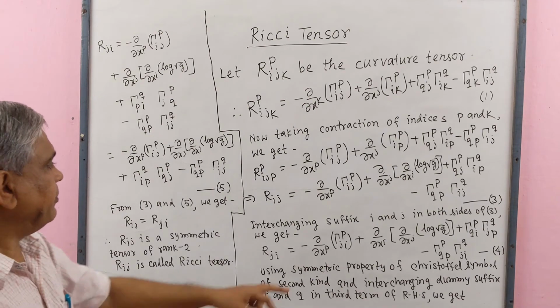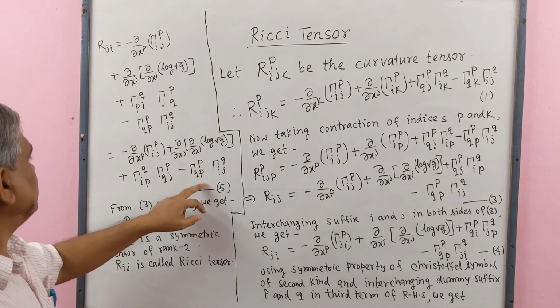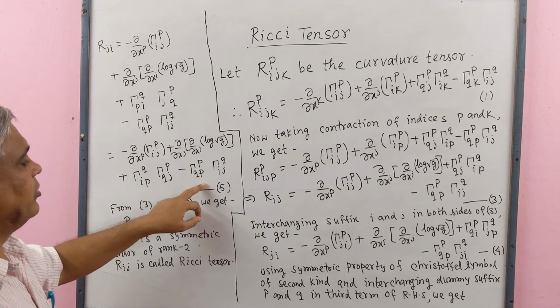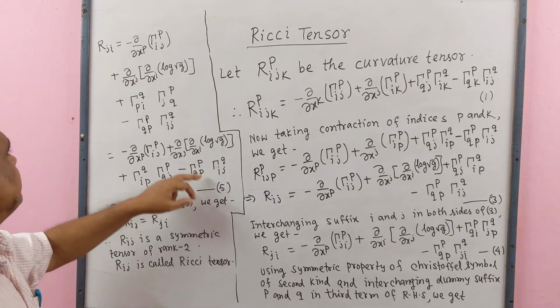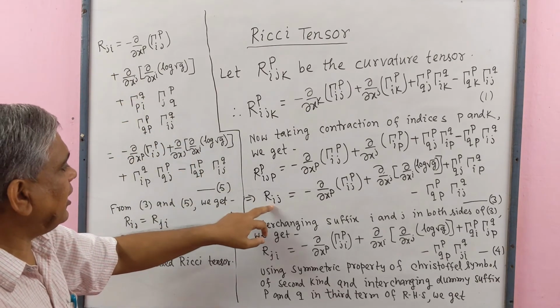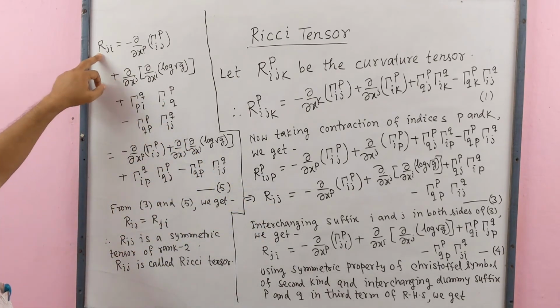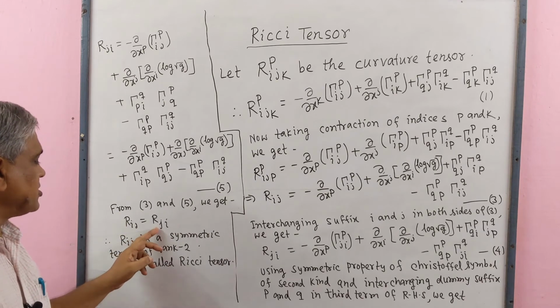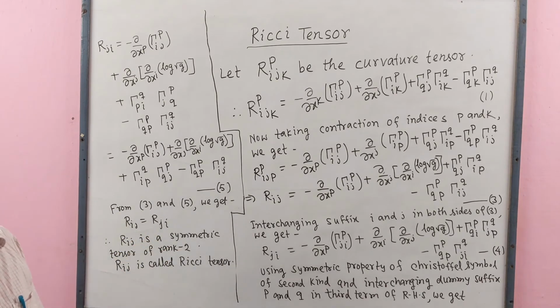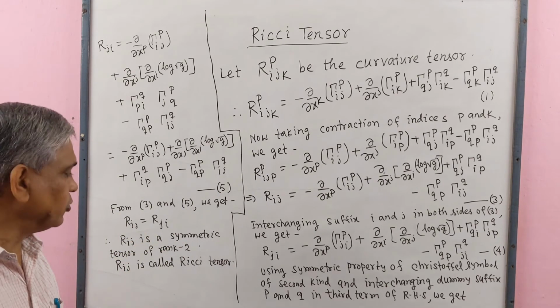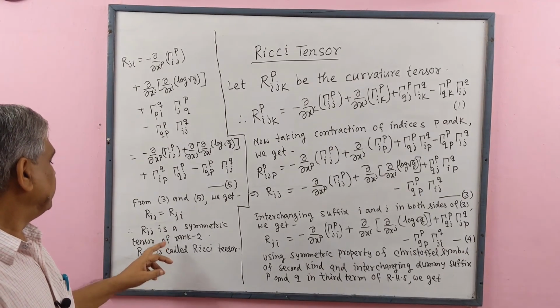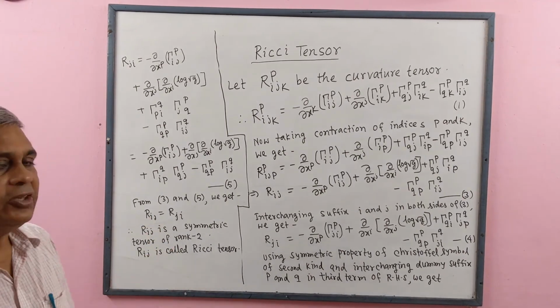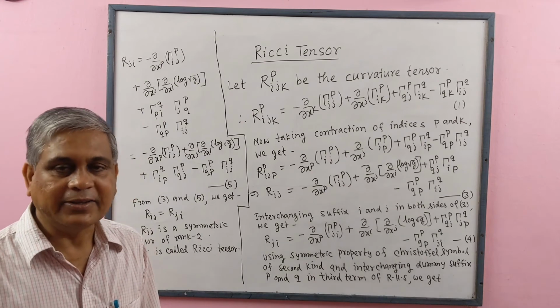From 3 and 5, we see that right side equal, therefore left side will be equal. Left side is R_ij, and here also left side R_ji. This means R_ij is a symmetric tensor of rank 2. This R_ij is called Ricci tensor.